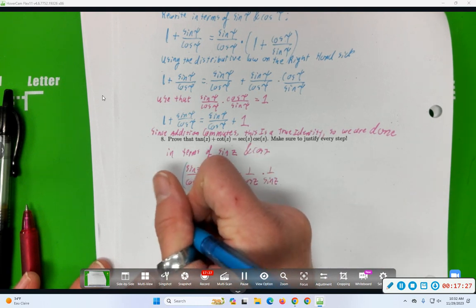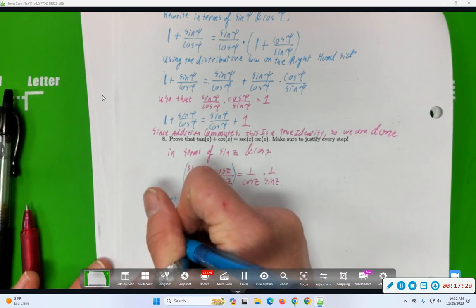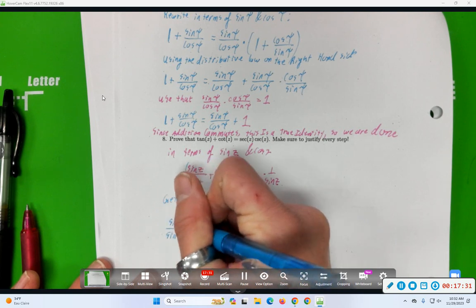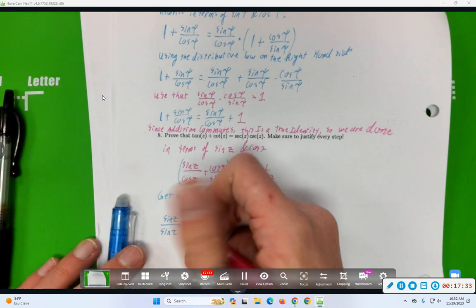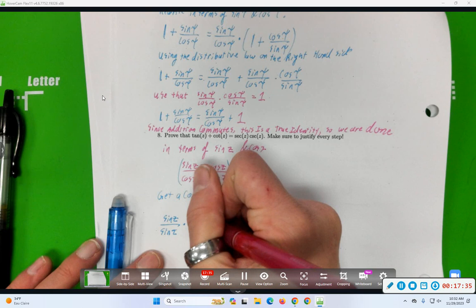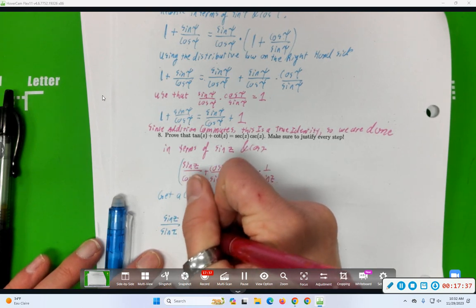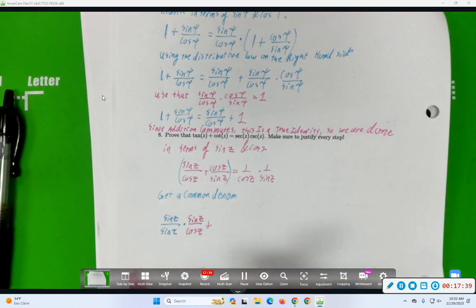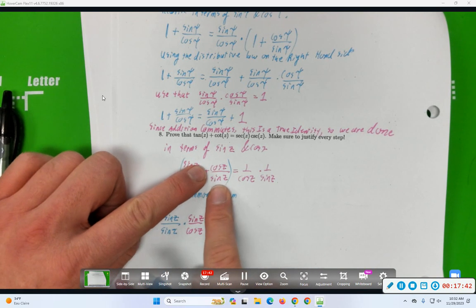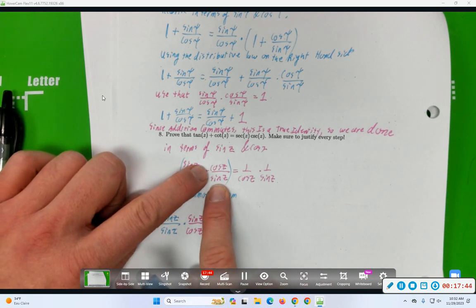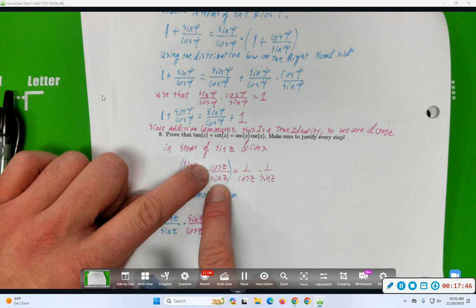So sine z over sine z times sine z over cosine z plus, next bit I need to get a sine times cosine in the denominator, so I think I want to multiply and divide by cosine.